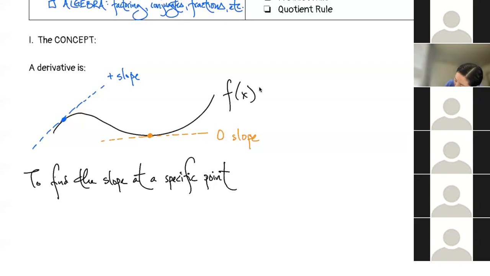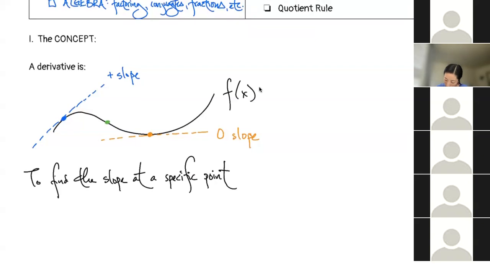Okay, and if I were to throw one more point, like right over here, that green point, what would we say about the slope of that point? That would be negative. Good. And we have a negative slope. Okay. So we can look at a curve and we can analyze the slopes at specific points, okay?